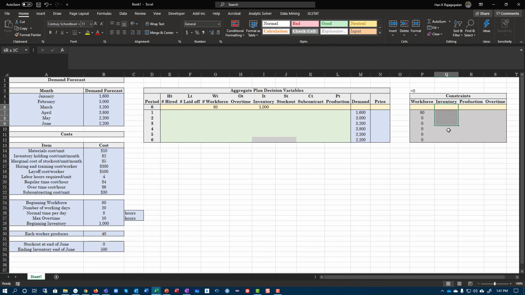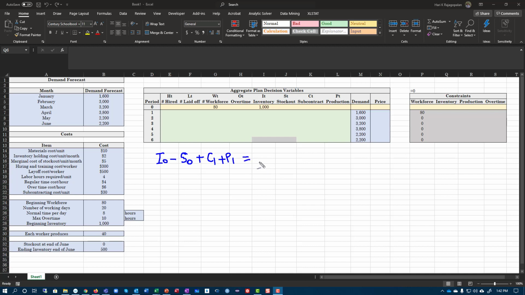The next one is inventory constraints. Let's go ahead and write those constraints out. If you remember right, we have beginning inventory minus beginning stock out plus subcontracting plus production.